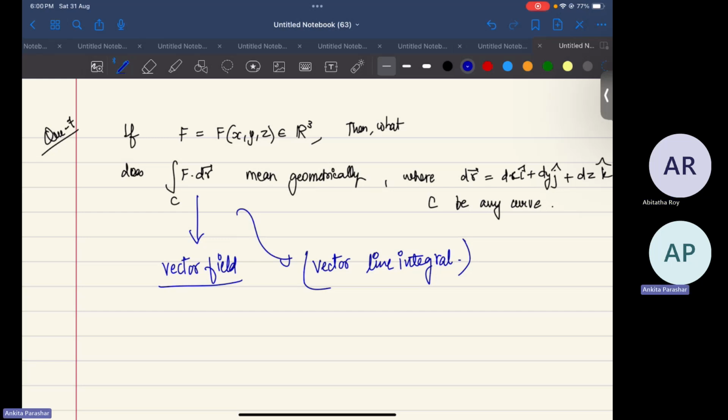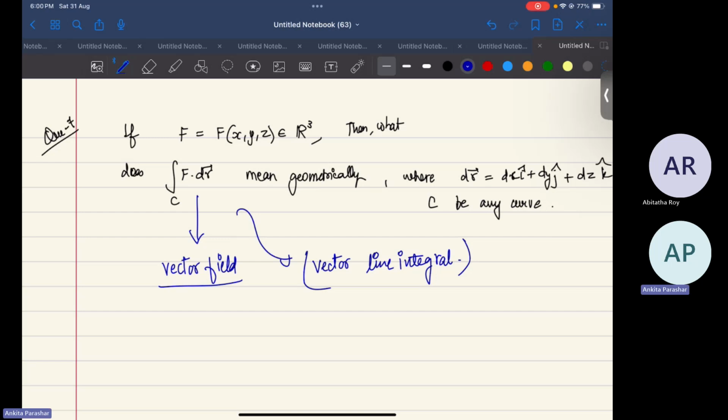Therefore, the geometric meaning of the integral of F dot dr over C is nothing but the work done by the particle with the force F along the curve C, along the path C, or along the direction C, I should say. The direction has to be followed along that curve. You cannot go beyond the curve, right?